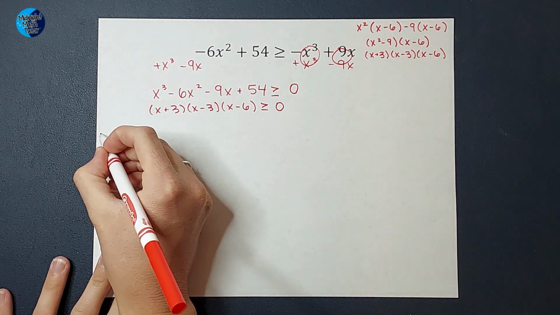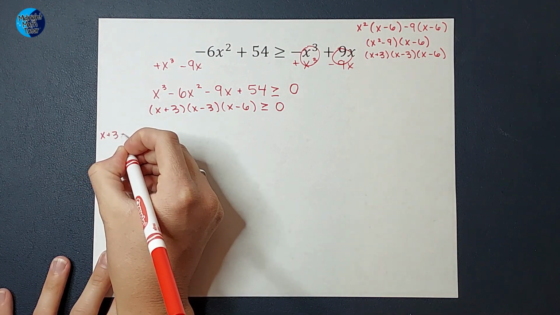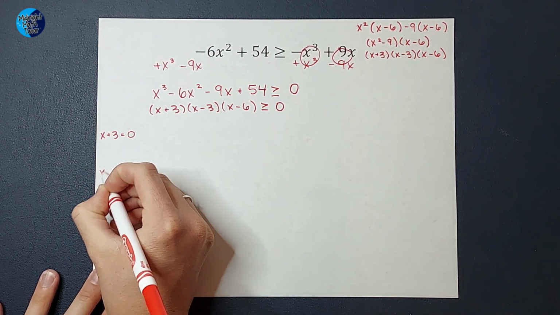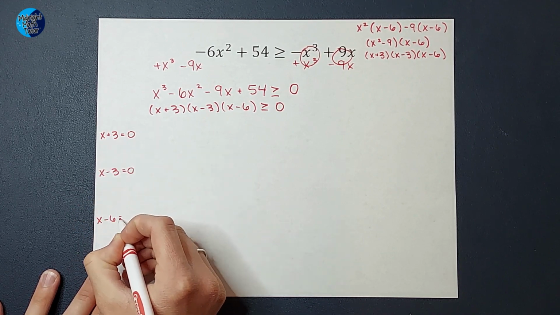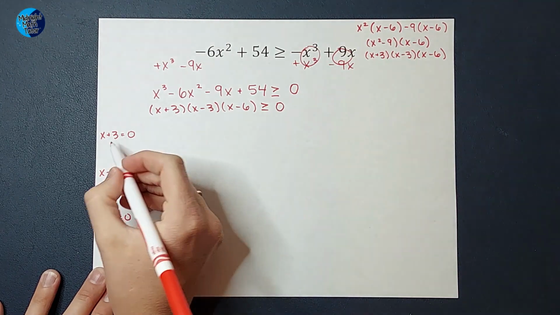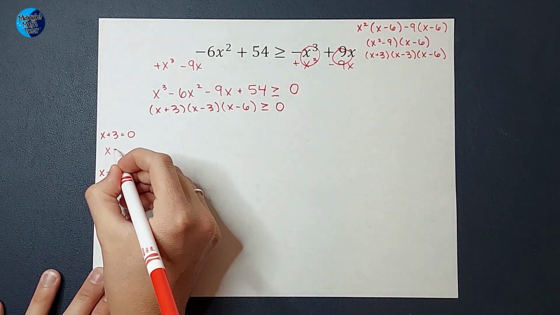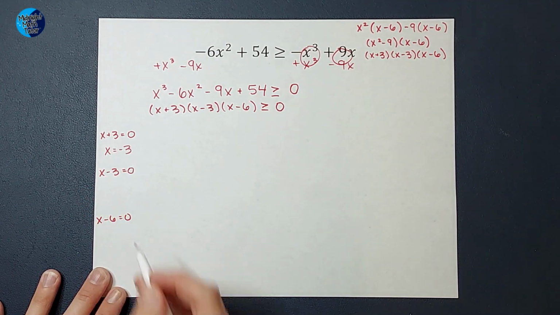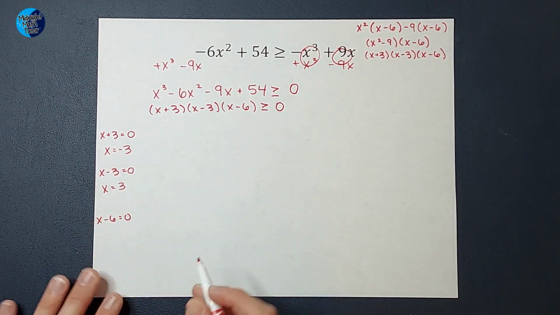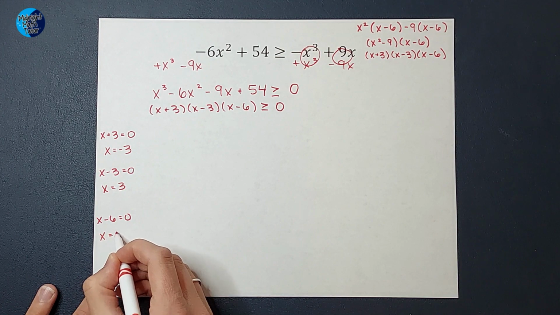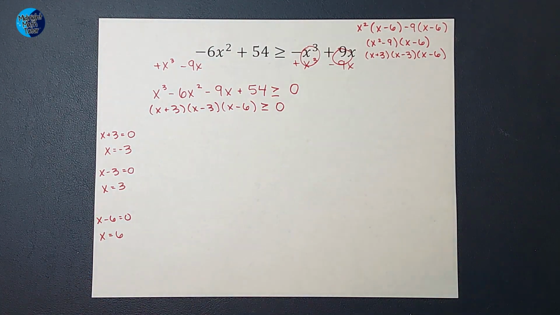So I'm going to set x plus 3 equal to 0, x minus 3 equal to 0, and x minus 6 equal to 0. For this one I'd subtract 3 from both sides, getting x equals negative 3. This one I'd add 3 to both sides, getting x equals 3, and this one I'd add 6 to both sides and get x equals 6.